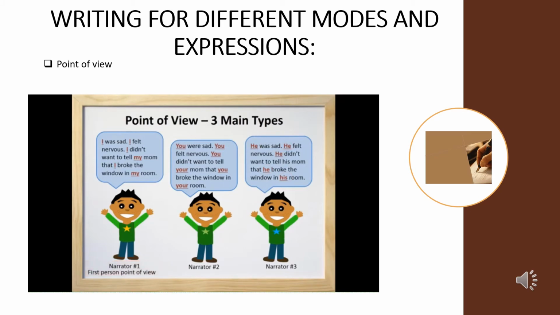That means narrator 1 is actually talking about himself, not only other characters. Narrator 2 uses what we call the second person point of view. Narrator 2 is talking directly to the reader using the pronoun you. Narrator number 3 is using the third person point of view, talking about other people in the story. So the three main types of point of view are first person point of view, second person point of view, and third person point of view.